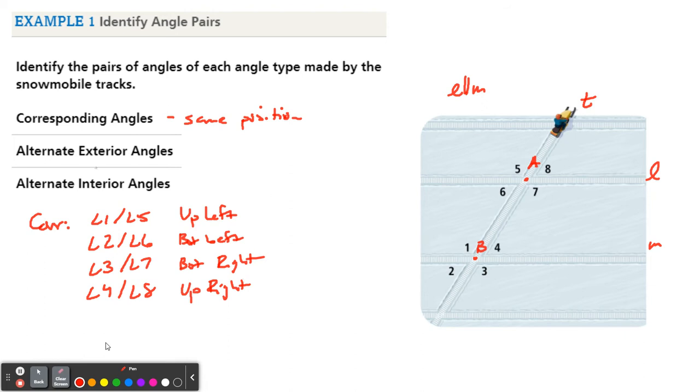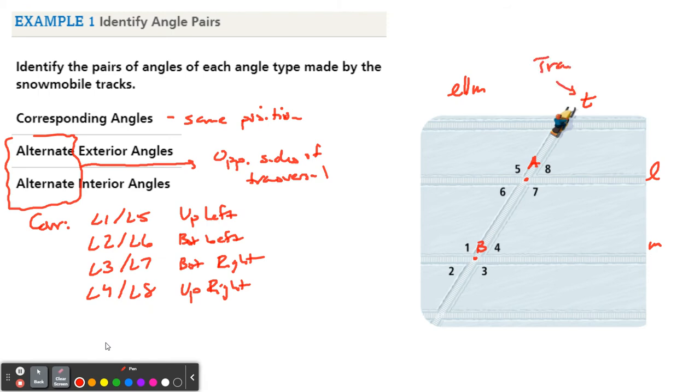Okay, the next one you see is alternate exterior angles, and there's also alternate interior angles. When you see this word alternate, alternate means opposite sides of the transversal. Remember, T right here is your transversal. In this case, you have a left side of the transversal and a right side of the transversal, because it's going up and down.